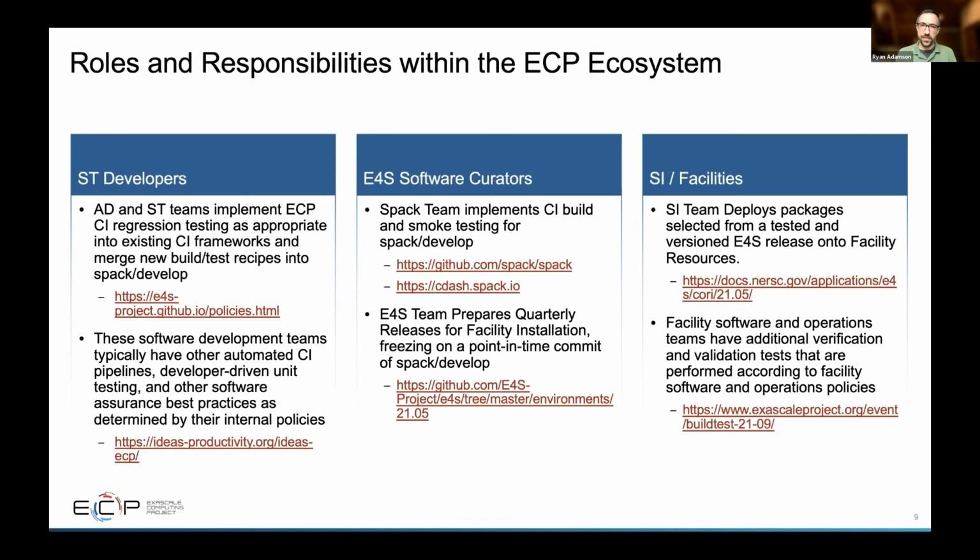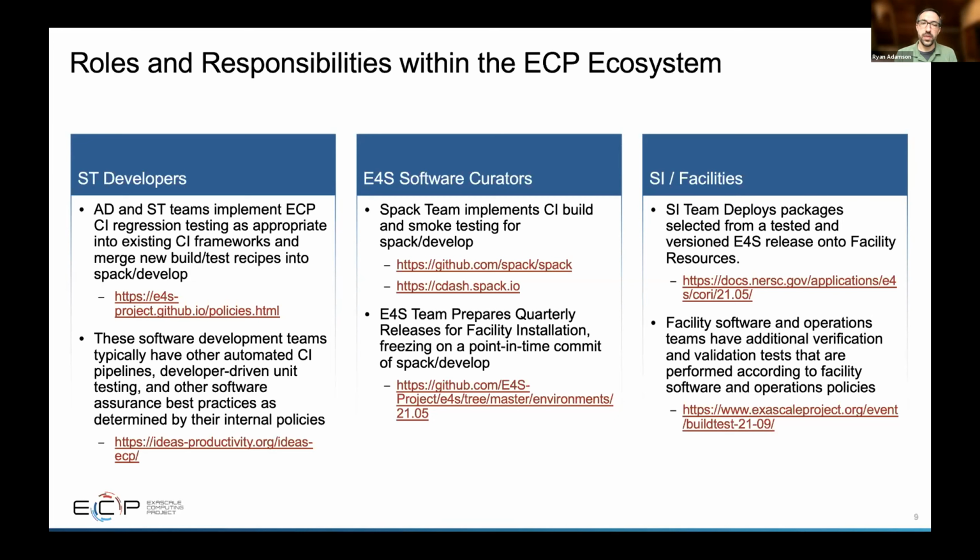And again, in the middle of that diagram before, we have the E4S software curators, and I consider the Spack team to be part of this, since E4S is really built on top of Spack. And they, of course, have their Spack GitHub repository and CDash that Shahzeb was showing just a few minutes ago, where you can see builds and whether they're passing or failing from different GitLab pipelines set up across facilities, as well as the E4S team, which is preparing quarterly releases.